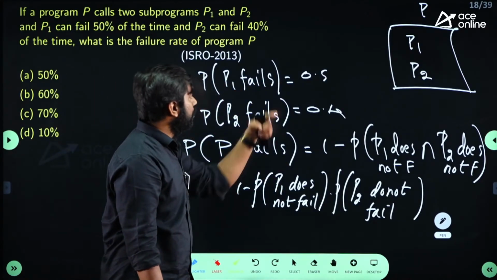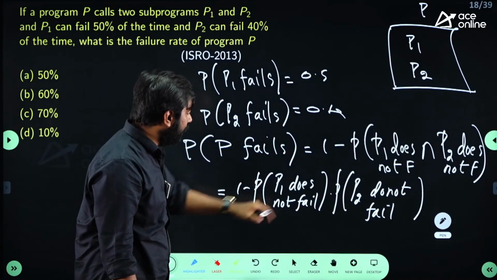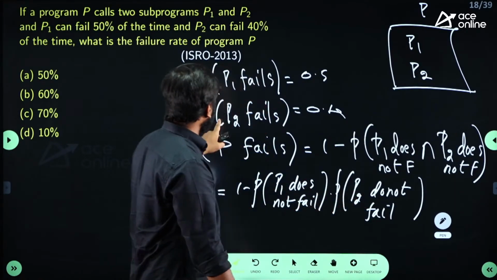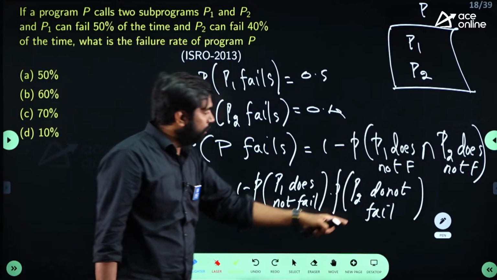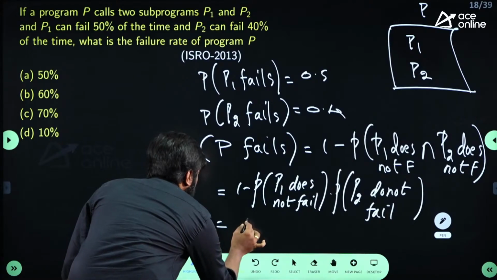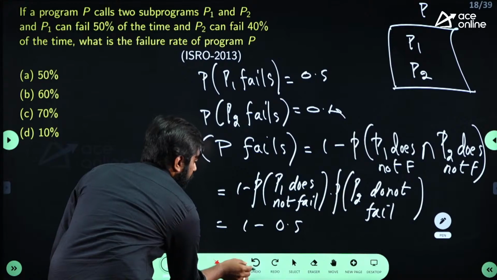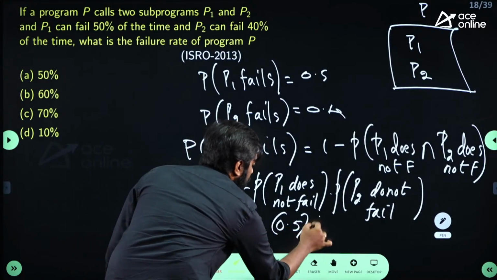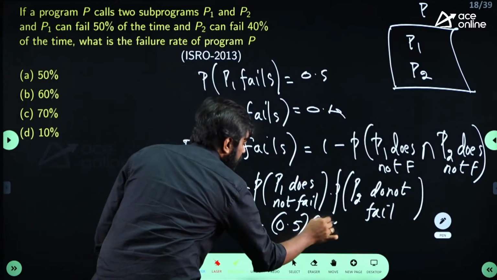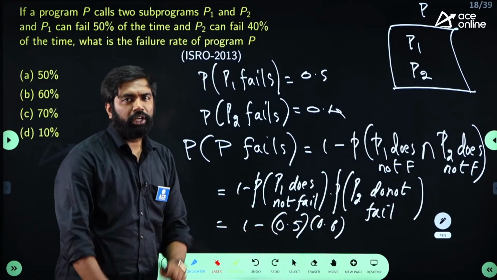Now this is the complement of that, so 1 minus 0.5, which is 0.5. The probability that P2 fails is 0.4, so the complement is 1 minus 0.4, which is 0.6. You can substitute them. So this is 1 minus 0.5 into 0.6. Come on, simplify. This is 0.3, and 1 minus 0.3 is 0.7.